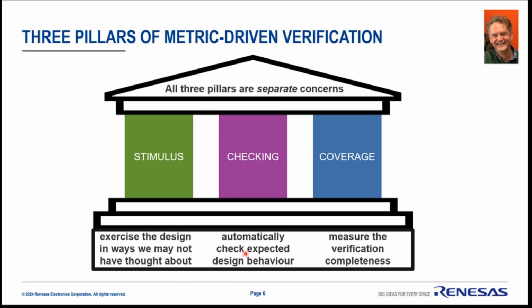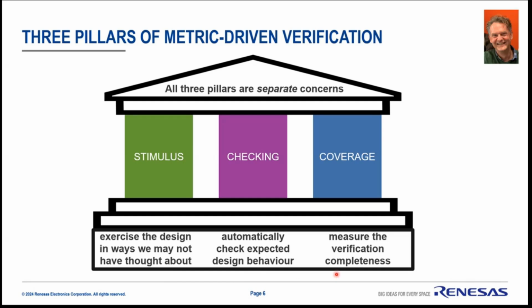An important consideration when you're moving into constrained random methodologies is that you need to have your constrained random stimulus, your automatic checks, and your functional coverage.